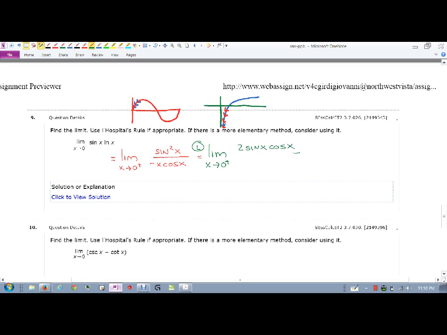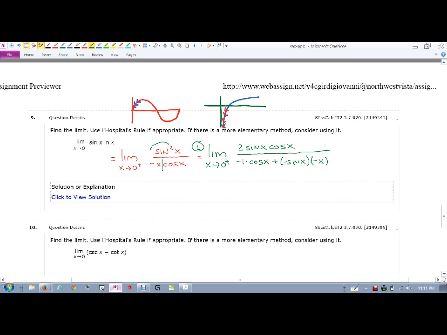That's chain rule, right? 2 comes out, then sine to the first power, and then derivative of sine is cosine. The bottom is a product rule, so I get negative 1 times cosine x plus, and then derivative of cosine, negative sine x, times the first one, which is negative x.